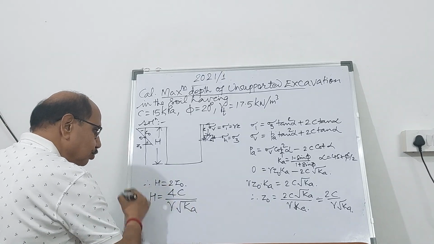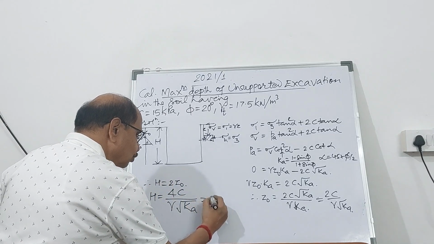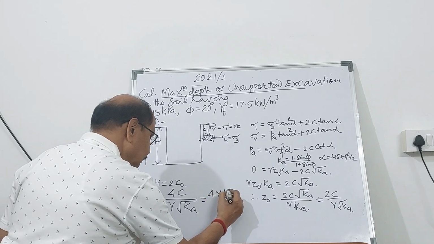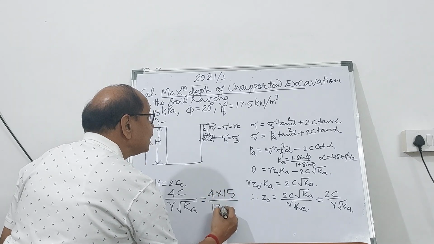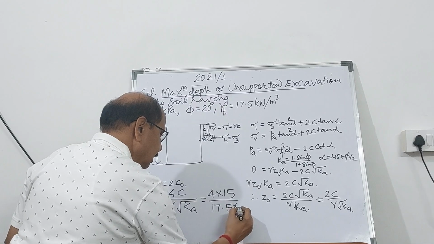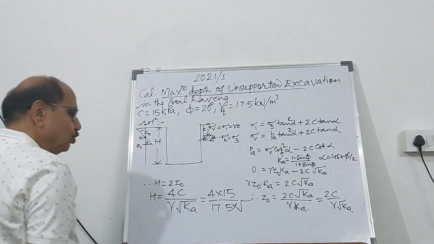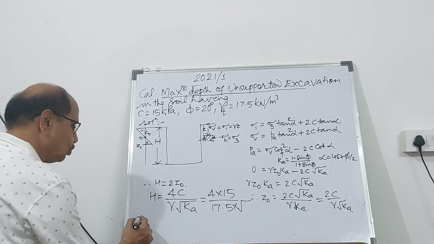This formula you should use. Now 4 into 15 divided by 17.5 into root K, the K value you can easily calculate.